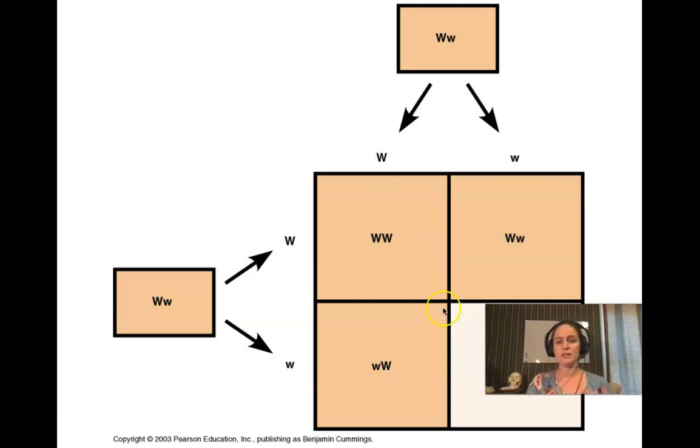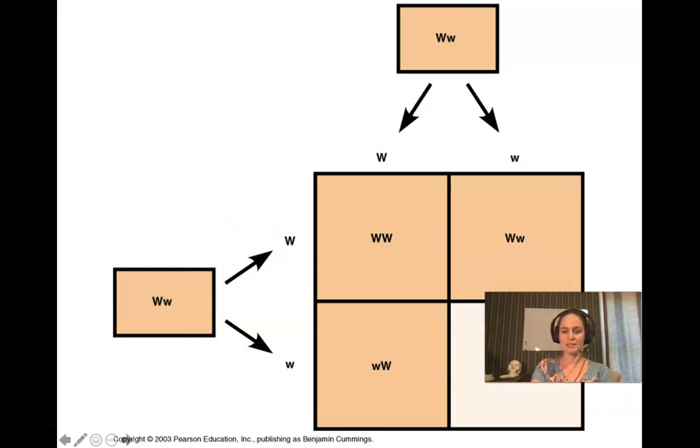So with the widow's peak, the dominant form would be capital W, the recessive form would be lowercase w. And once again, we have two heterozygous individuals, two people who have widow's peaks but are both carrying the recessive, no widow's peak situation like I have.